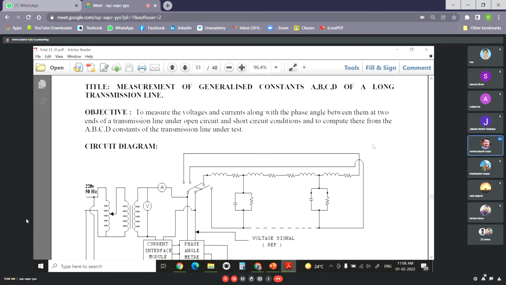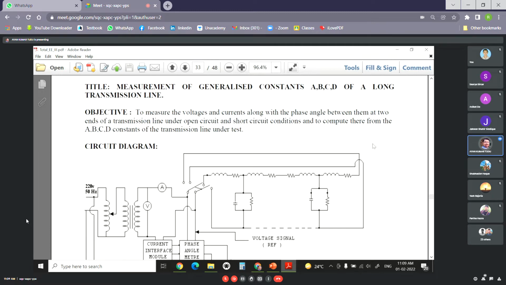Long transmission lines refer to those which have length more than 240 kilometers. In theory it is 240 kilometers, but in real life it may be more. The short transmission line is up to 80 kilometers, from 80 to 240 it is medium, and from 240 onwards it is a long transmission line.